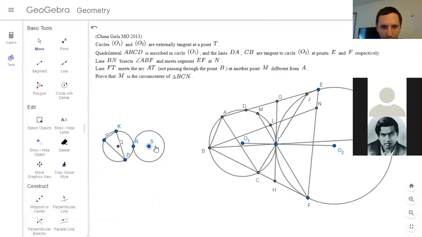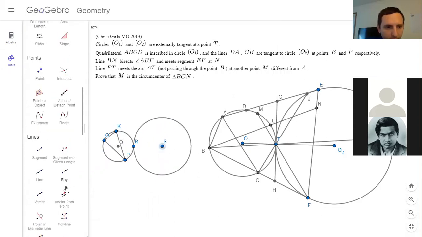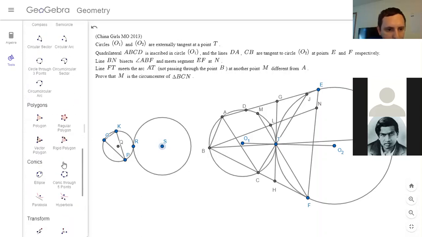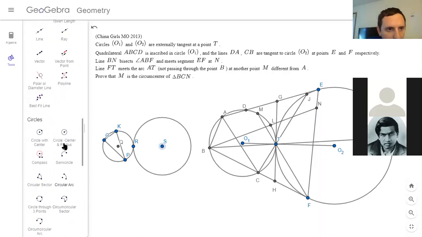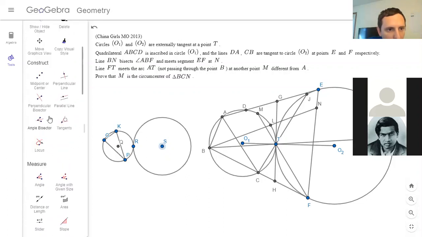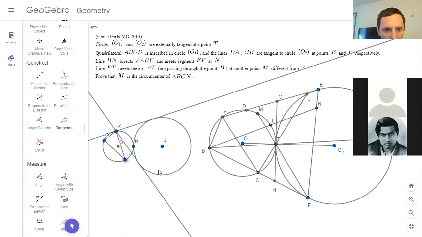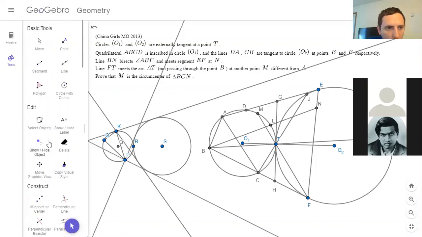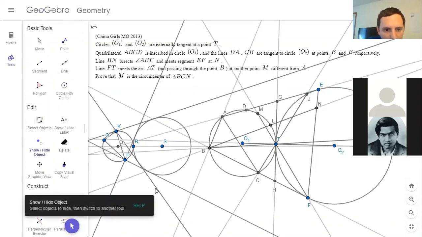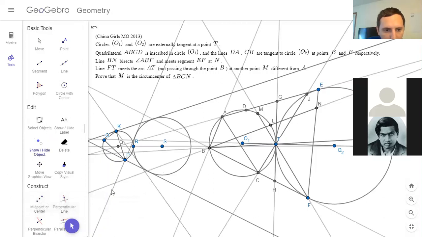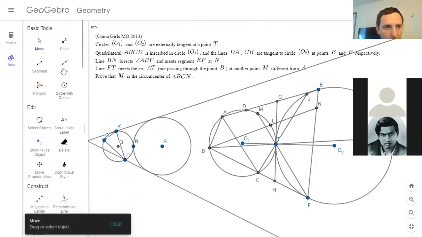So basically, if I draw the tangents, where's the tangents? So I'm going to hide a couple things, just the external tangents. Okay.